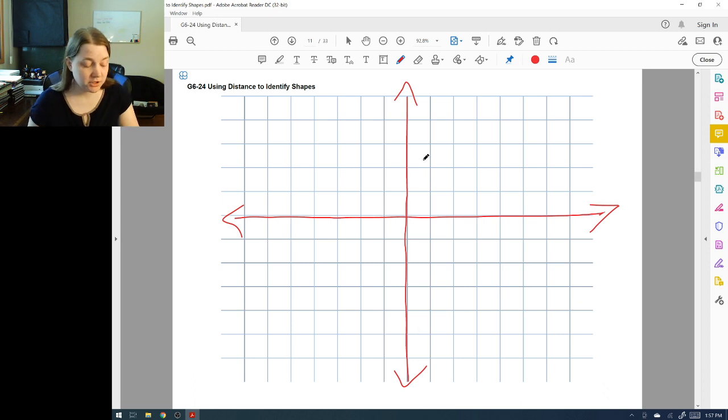So if my origin is here, I wrote these down earlier, but point A is 2, 3. So I'm going to run 2 and I'm going to jump 3 to get to point A, remembering that each line represents 2. To get to point B, that's negative 6, 3. So I'm going to run negative 6 and then I'm going to jump 3 to get to point B.